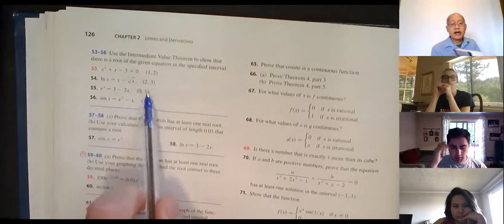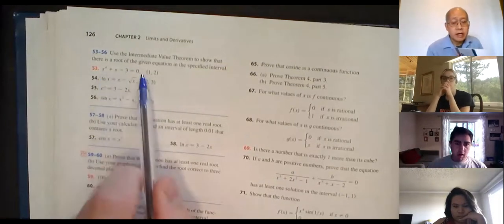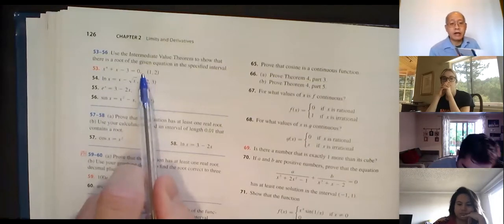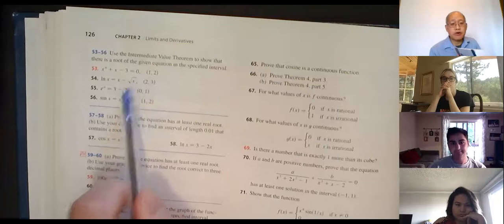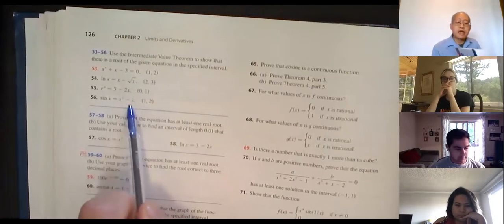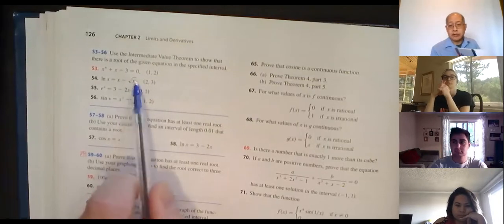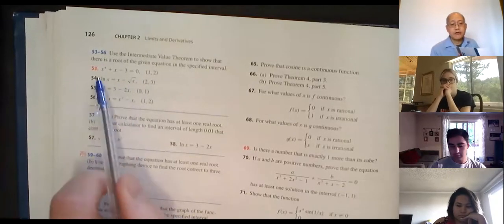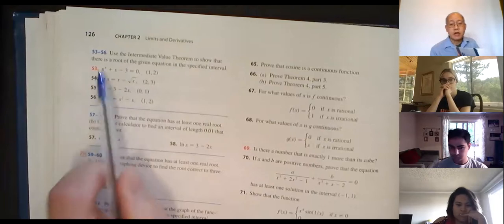Okay. And the way to do that is, now 53 is tailor-made. It's already 0. You have to have a 0 on one side, either left or right. Okay. And if it isn't 0, like 54, 55, or 56, you make it 0. And that's easy to do. You just throw everything on one side and set it equal to 0. Okay. So I'll show you 54 and 56 because they're even, and you'll do 53 and 55. Okay.